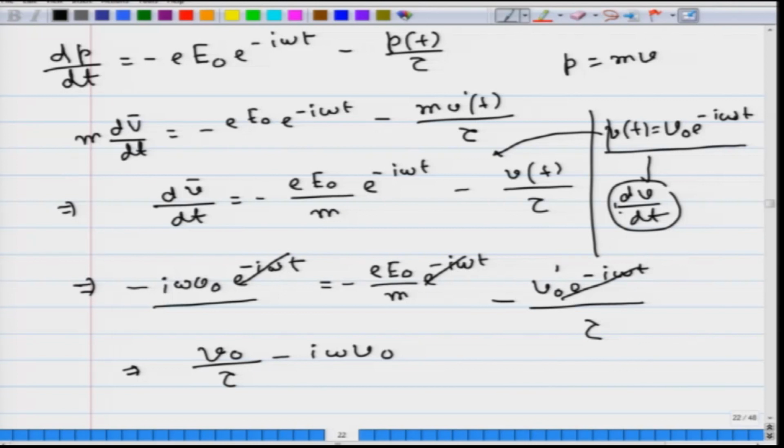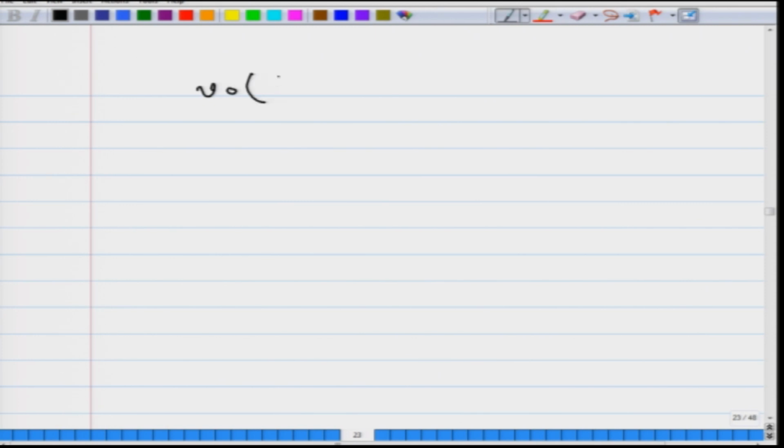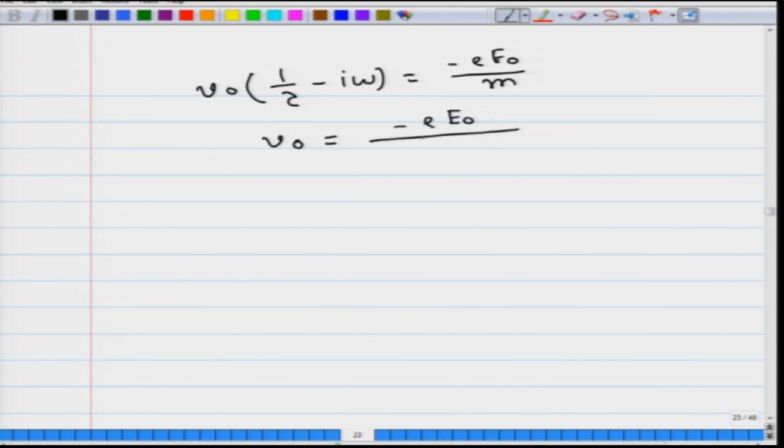I just took this term in here. So, minus e E naught by m. From here we can take v naught times (1 by tau minus i omega) equals minus e E naught by m. So, v naught will be minus e E naught by m, times 1 by (1 by tau minus i omega).